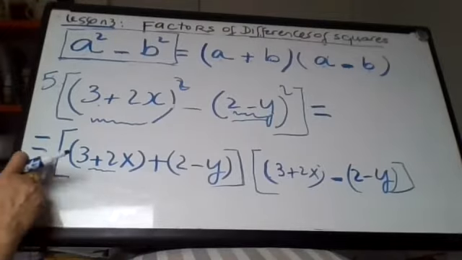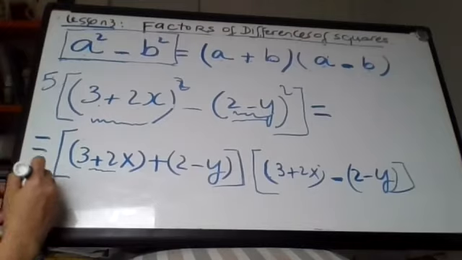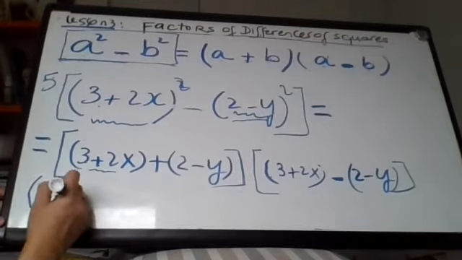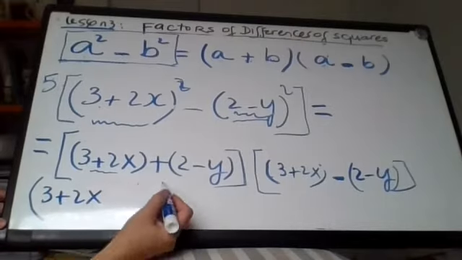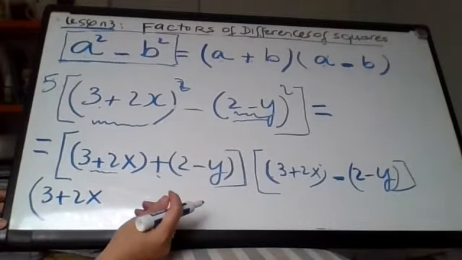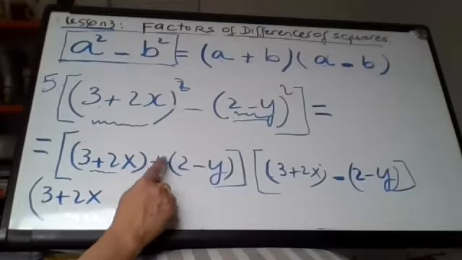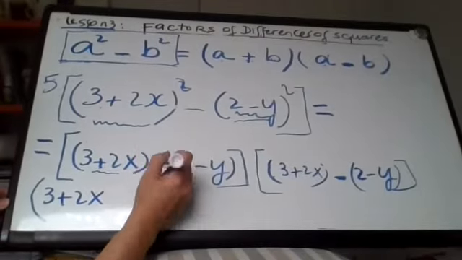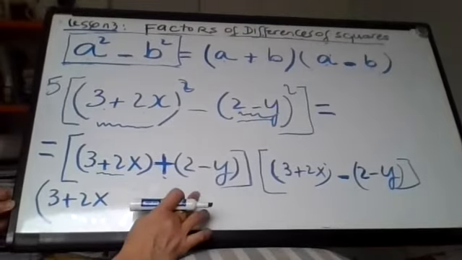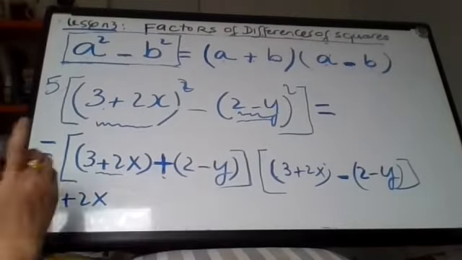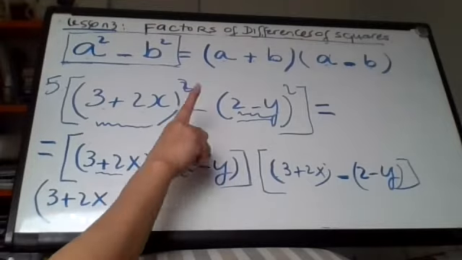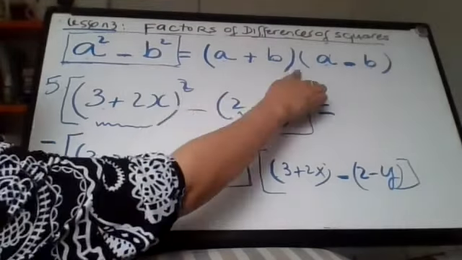I'm going to remove the first square bracket here and just put in the big bracket. We'll copy this down, 3 plus 2x. Now, this is the plus side. So remember, once we have a sign between them, it is no longer multiply. It only multiplies if you don't have any sign and they are just side by side, right?